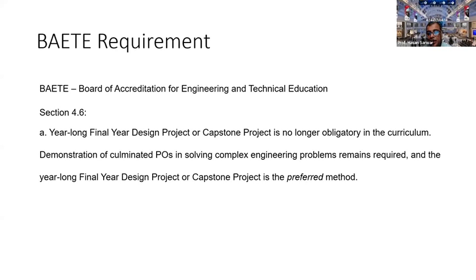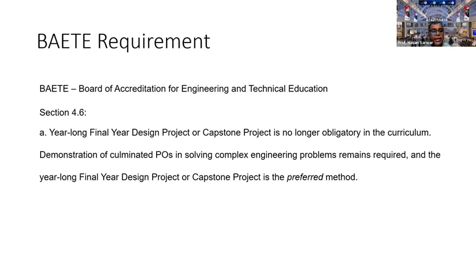Bangladesh is now a provisional member of the Washington Accord, and is trying to become a full signatory member, and we hope to get it very soon. Here we have a manual, and this manual mentions the final year design project or Capstone project.